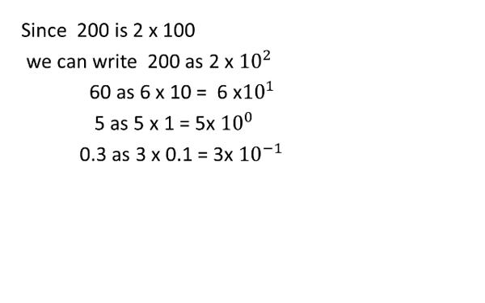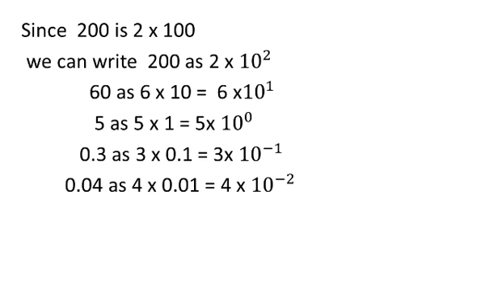And 0.3 is 3 times 0.1, and 0.1 is 10 to the power of minus 1, or 1 over 10. So we can write 0.3 as 3 multiplied by 10 to the power of minus 1. 0.04 is 4 times 0.01, but 0.01 is 1 over 100, or 10 to the power of minus 2.